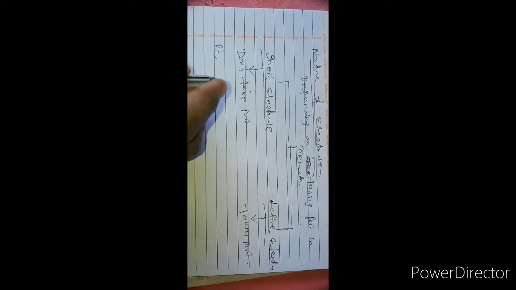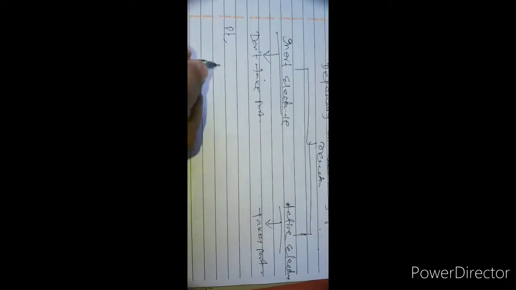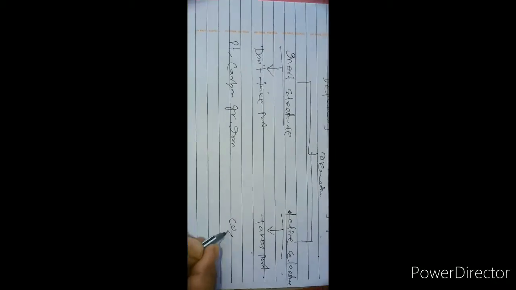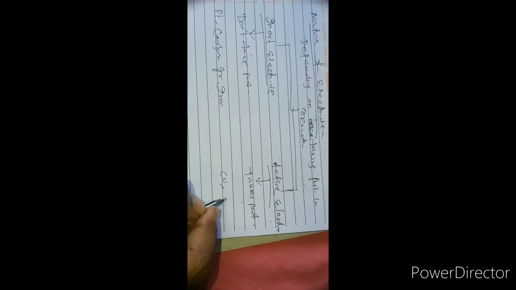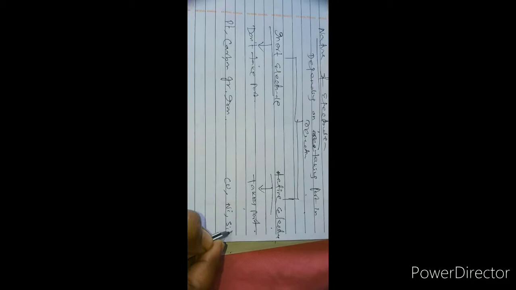What are the inert electrodes? It can be platinum, it can be carbon, graphite. In the case of active electrodes, it can be copper, nickel, or silver. All these can be active electrodes.